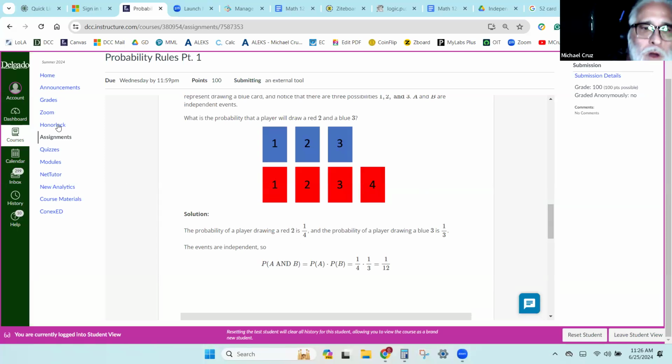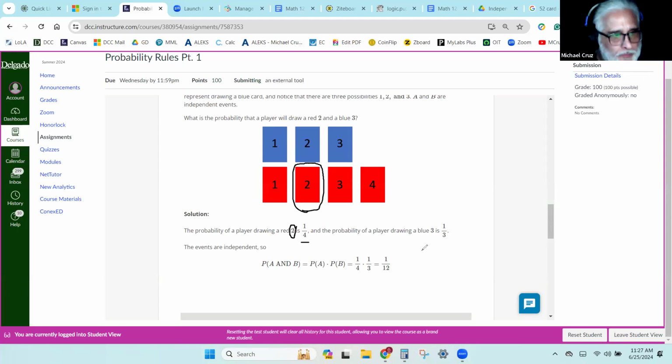So there's only one red 2. So 1/4. And that's basically like saying drawing a 2 given it's red. In other words, the condition is it's red. Same thing for this. So we want blue and we want a 3, and there's only one of those.